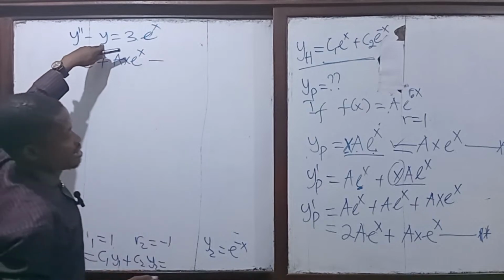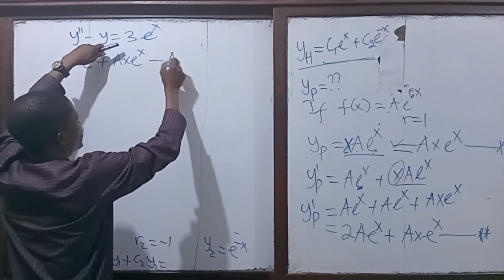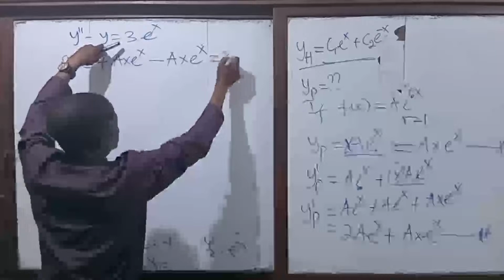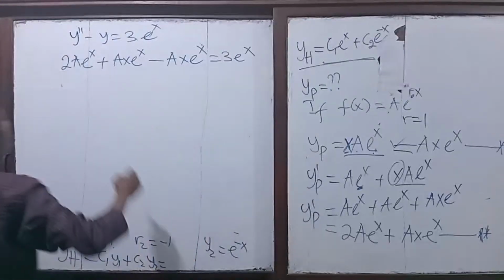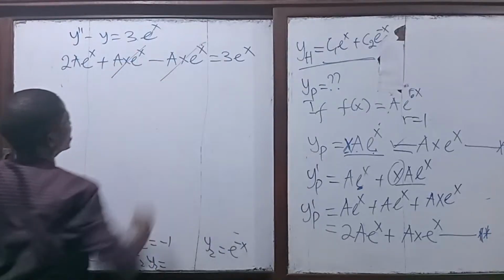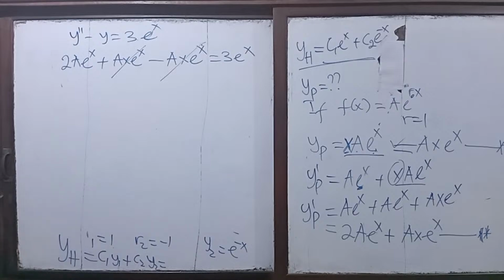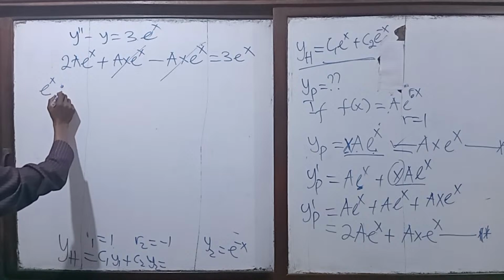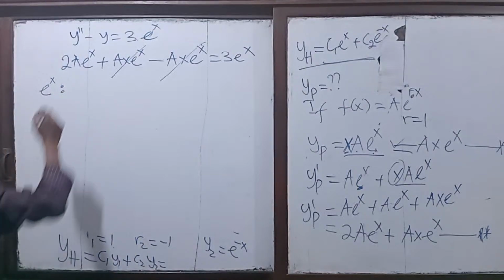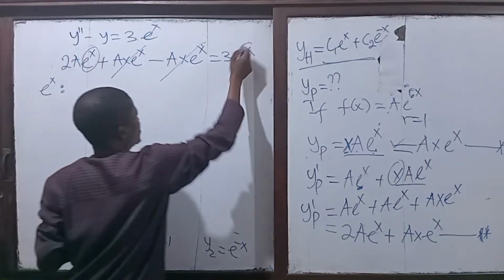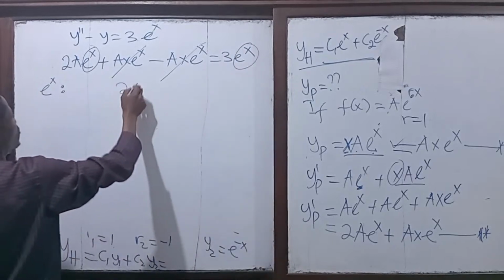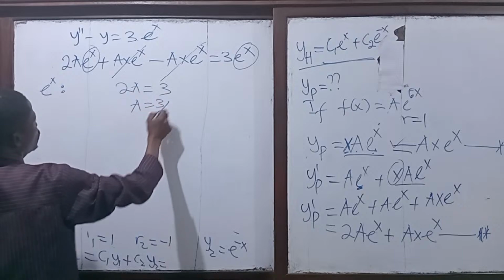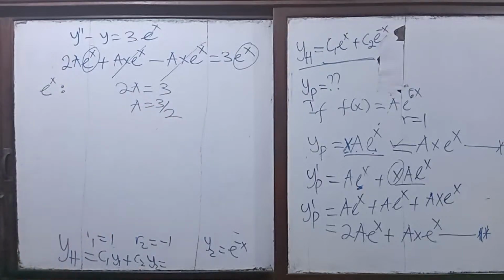My y is the initial function, a x e to power x, equal to 3 e to power x. So these are cancelled out. I can now equate the coefficient of e to power x on the two sides of the equation. That implies 2a is equal to 3. A is 3 over 2.